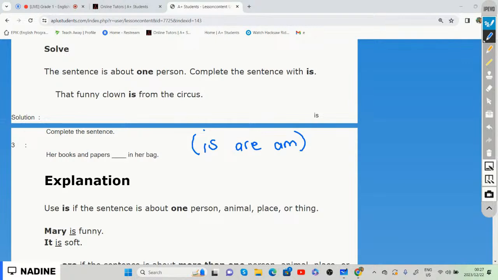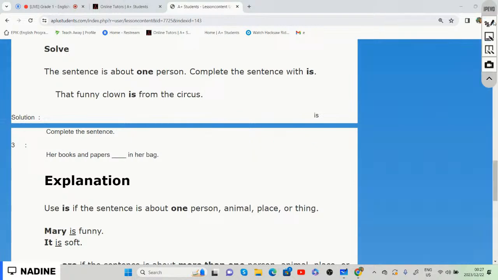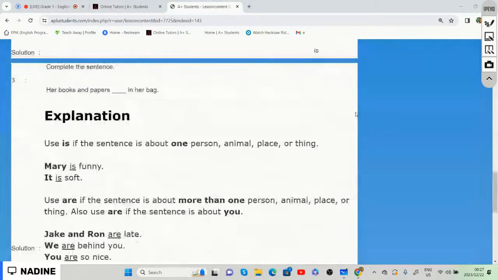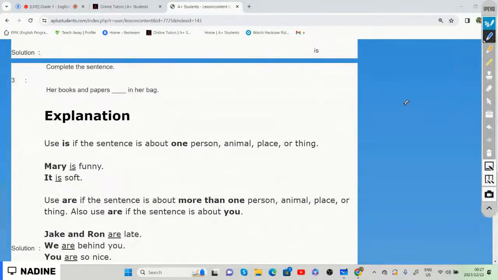All right, so basically, books and papers refers to more than one thing. But now we can say her refers to basically one person, which means that we can use is.